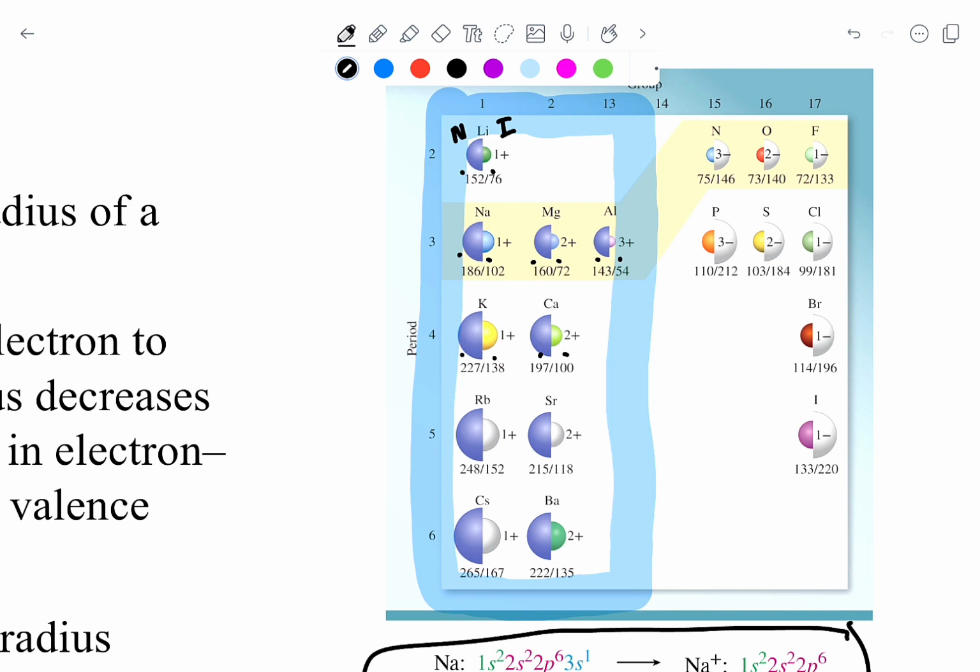Now the trend in the radius still is that lithium's radius is still going to be smaller than sodium's and potassium's because they just have more layers. They have more core layers themselves, or core shells, which is fine. But we have to think about how the ionic radius is going to change as I remove the electrons.